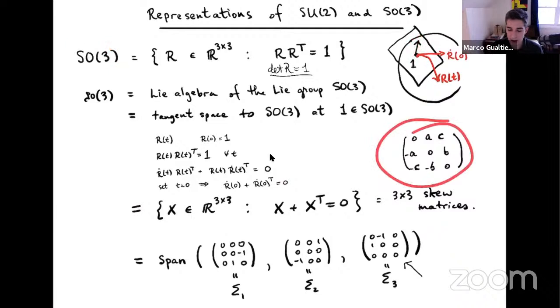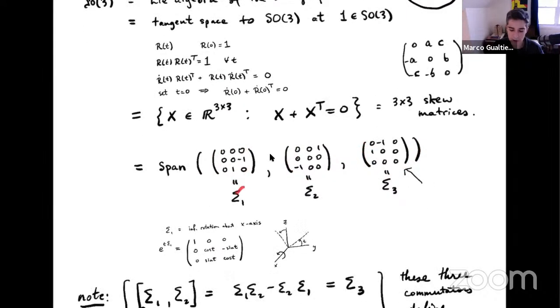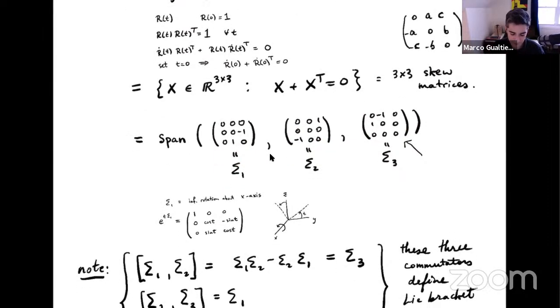So this is a velocity vector at the identity element: if you were to go in that direction, you'd be rotating about some axis. And there are three basis elements for this space of matrices, sigma 1, sigma 2, and sigma 3, which are infinitesimal rotations about the x, y, and z axes.